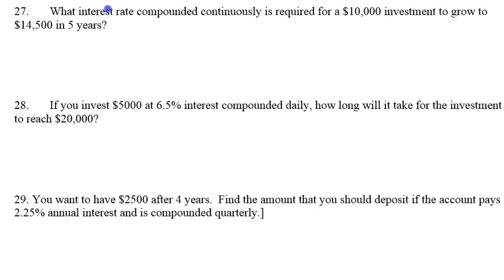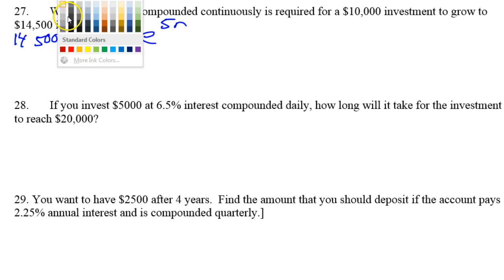So if we want this much money, then that's what we have to start with. 14,500 equals 10,000 e, and I'm going to put 5r like that. Any questions right there? The setup. So then we'll divide both sides by 10,000.